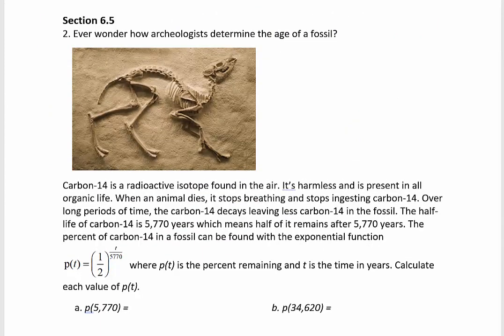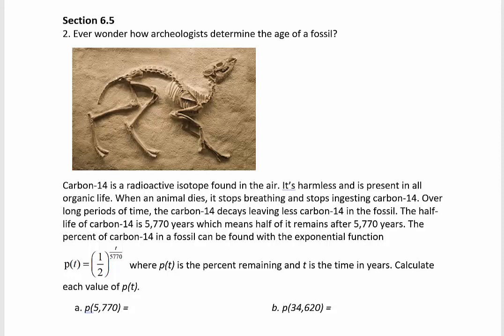All right, section 6.5. Question 2. Ever wonder how archaeologists determine the age of a fossil? Carbon-14 is a radioactive isotope found in the air. It's harmless and is present in all organic life. So basically what happens as anything is growing or living on the planet, it absorbs this carbon-14.